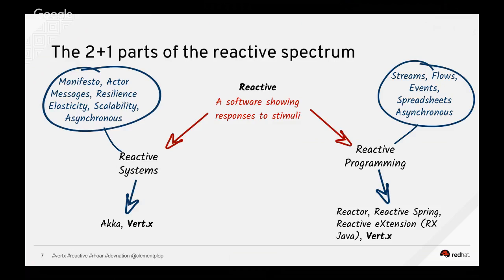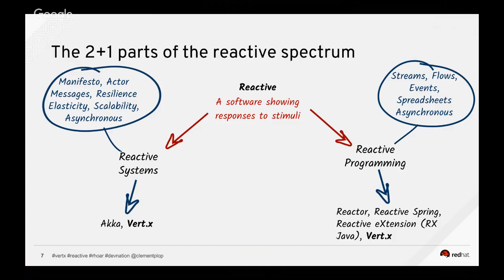But just to have a better understanding of what I mean by reactive, and what the reactive spectrum is, we have many reactive things, as you have seen. So let's try to categorize this. On the left side, we have reactive systems. And reactive systems have been defined by the Reactive Manifesto. We find concepts like actors, messages, resilience, elasticity, scalability, and asynchronous.